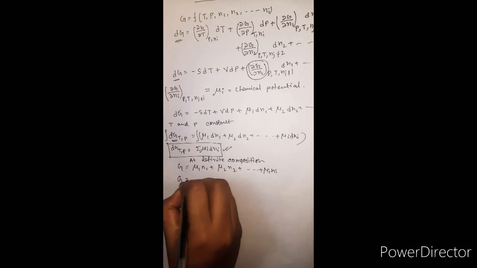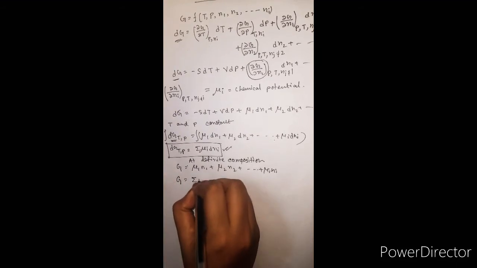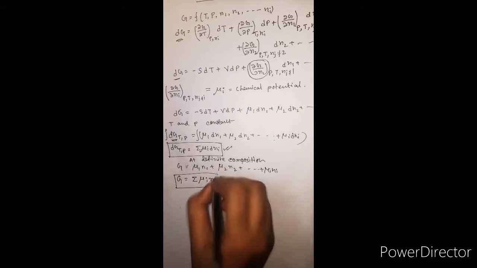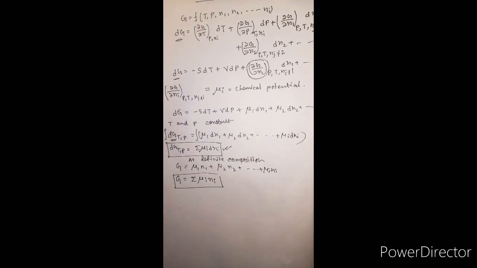This means G is equal to the summation of mu_i n_i. This is another form of the Gibbs-Duhem equation.